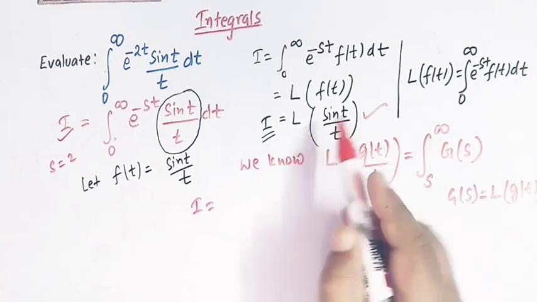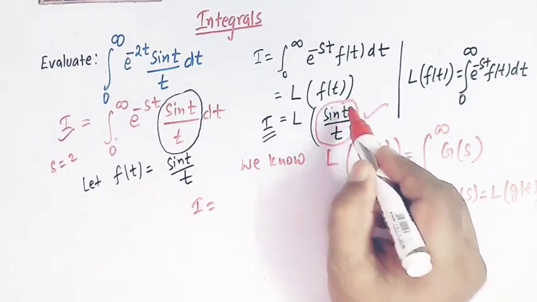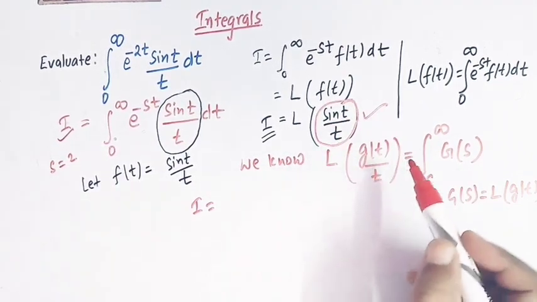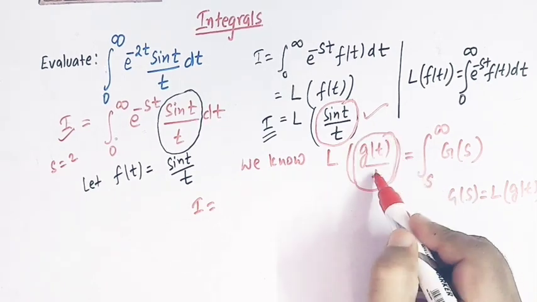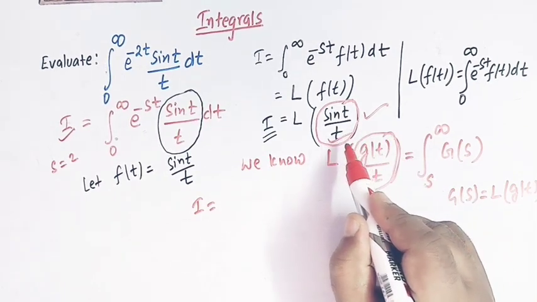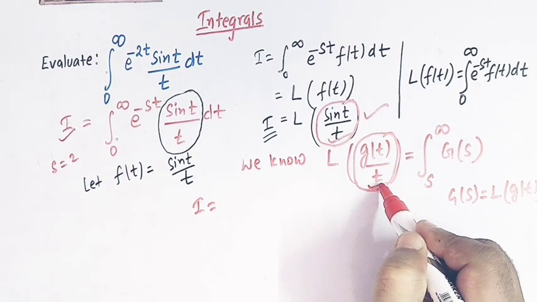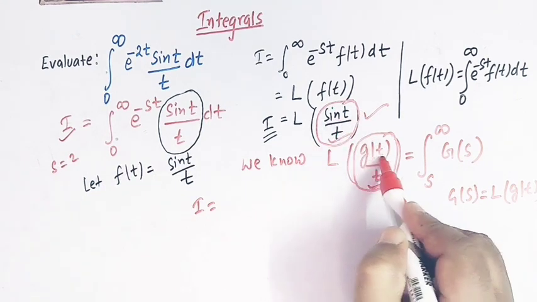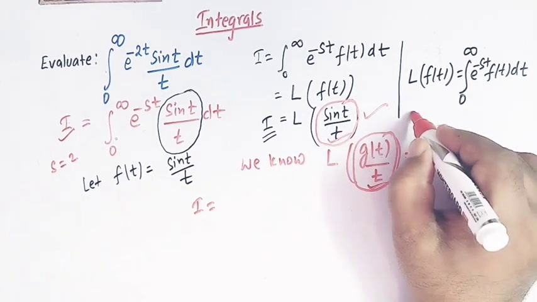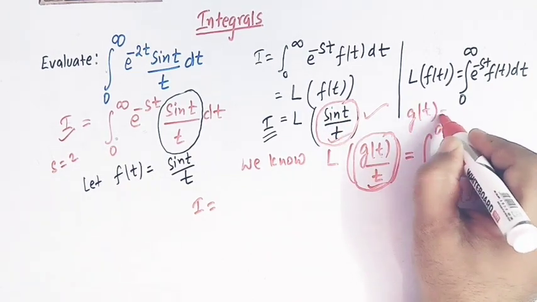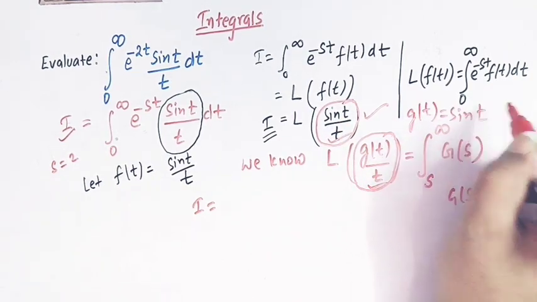So if we compare this expression sine t over t with this one, then we can see that here we have in the denominator t. Here also we have the denominator t, and g of t is sine t, right? So g of t is equal to sine of t.